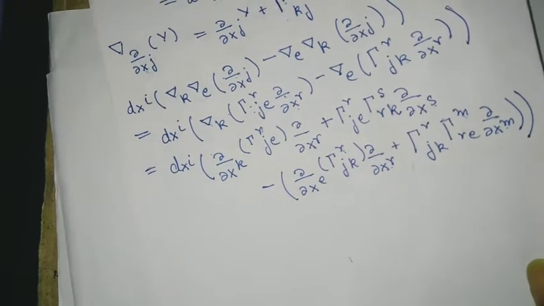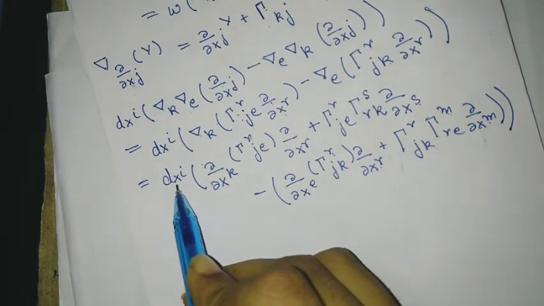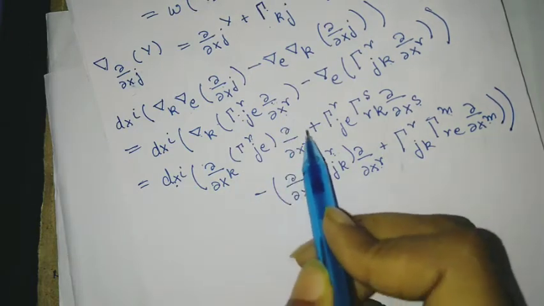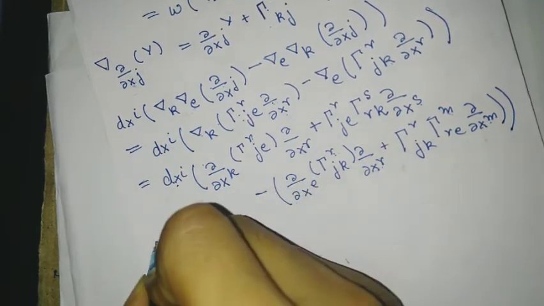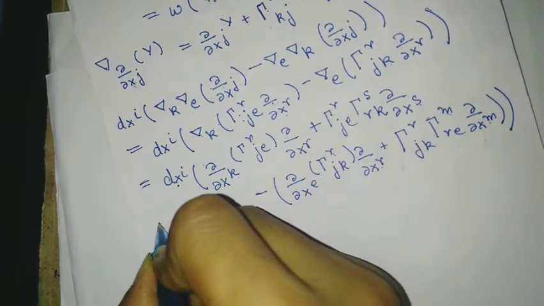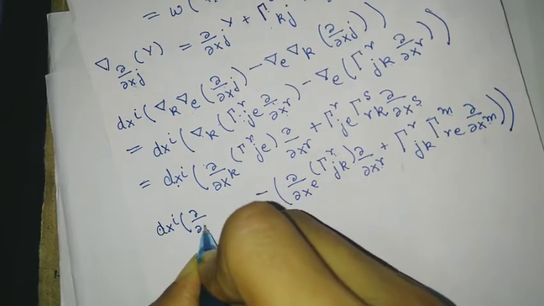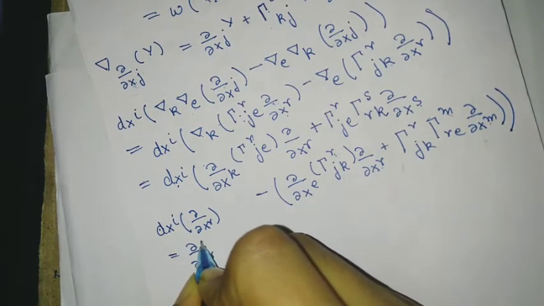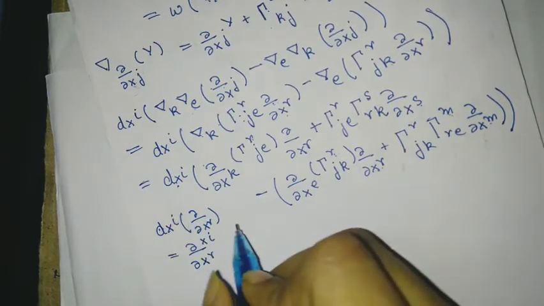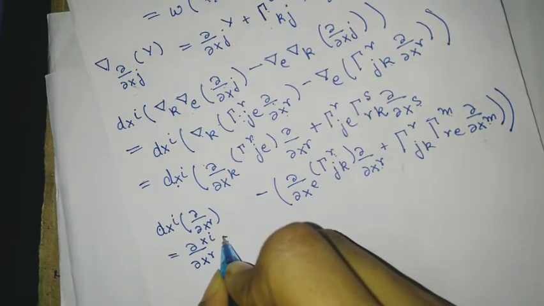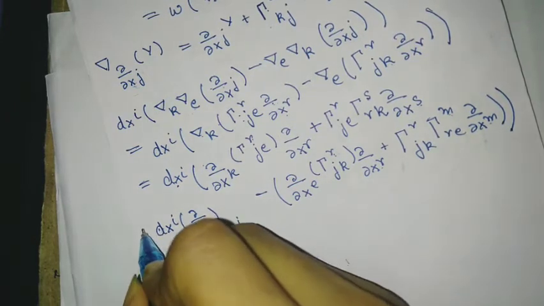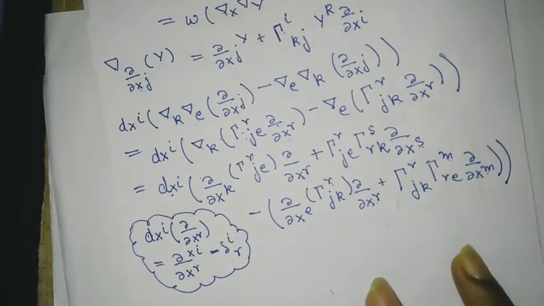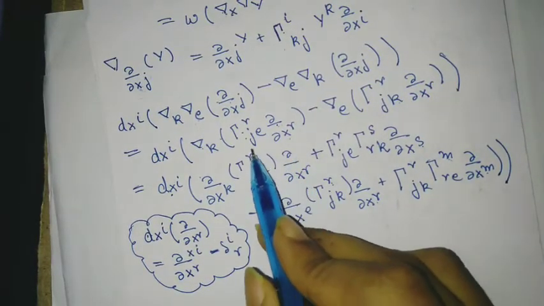As all these indices are summed, and then when I take dx^i, these are all functions, so dx^i goes straight here and reduces to a Kronecker delta. dx^i acting on del x^r is nothing but del x^r x^i. That's how they act in differential geometry. So that's just delta i r. If I do that, then these will go and everywhere I will get i.